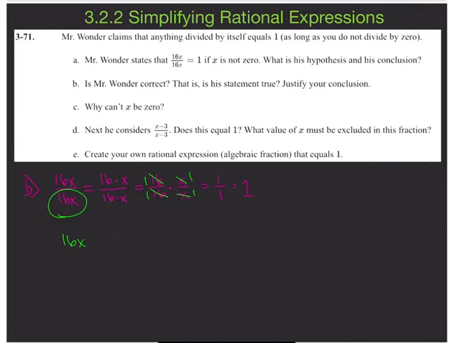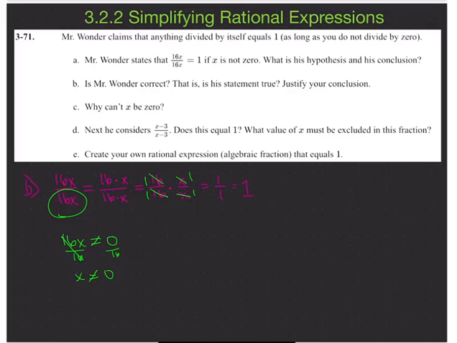We know our denominators cannot equal 0, so this cannot equal 0. In order to figure it out, think of that not equals as the same thing as an equals, kind of like solving it. If we divided both sides by 16, this becomes 1, so we get x does not equal 0 over 16, which is 0. So we have what's called an excluded value, and this is why x cannot equal 0.